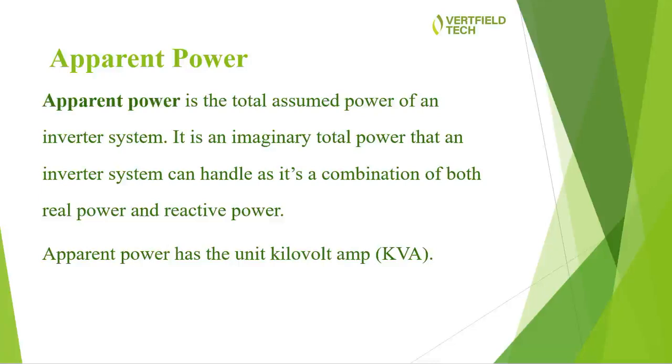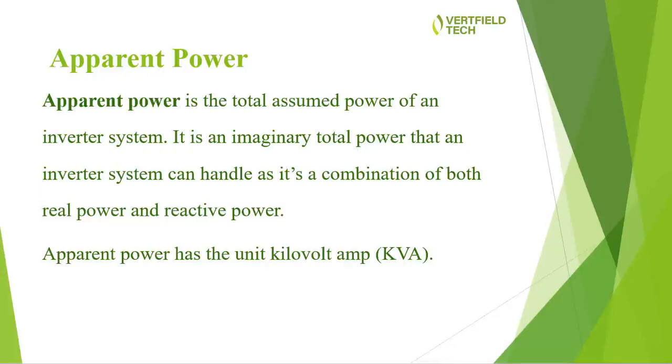So your apparent power is said to be the total assumed power in the sense that it can be a larger form of the already existing unit. When you talk about your apparent power, that's when you're talking about your kVA, because the unit for the apparent power is kVA.